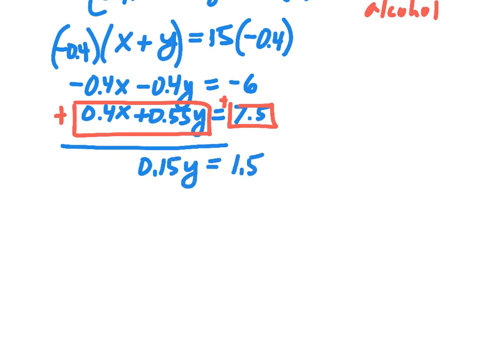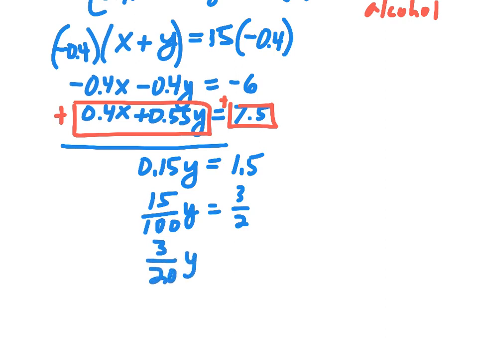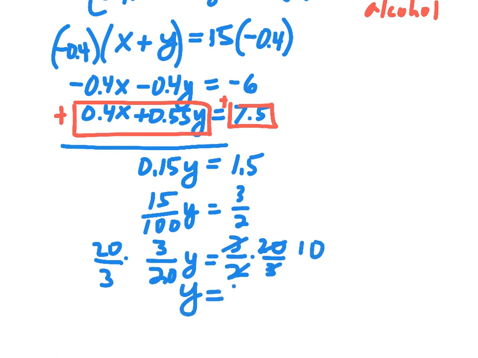So that's 15/100 y equals 3/2. That's divided by 5 is 3/20 y equals 3/2, multiplied by 20/3, and those cancel, so I get 10. So y equals 10 liters, and a reminder what that is up above.